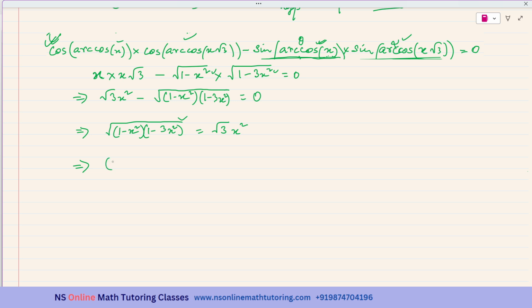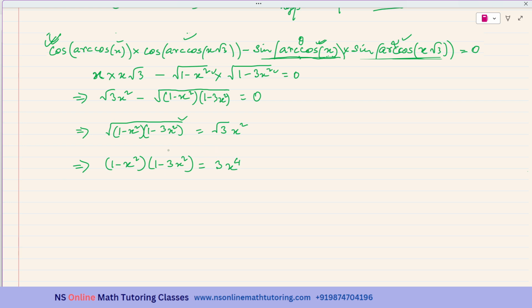So 1 minus x square times 1 minus 3x square, root 3 square is 3 and x square whole square is x to the power of 4. Okay, now we are not having any square root. This is a good sign.